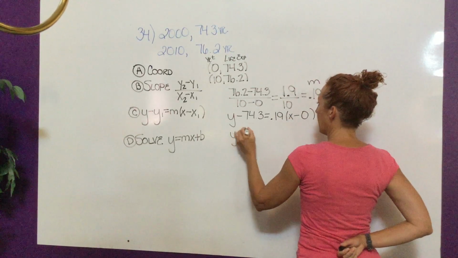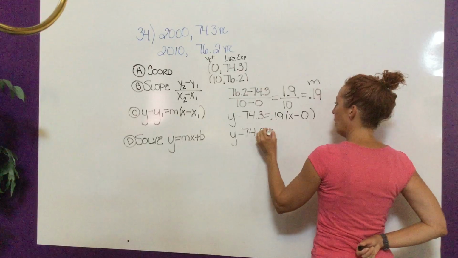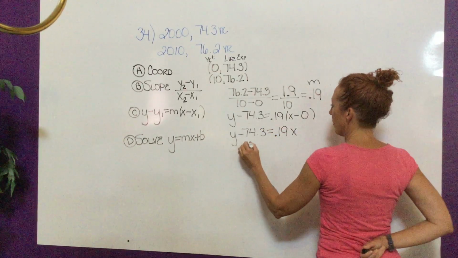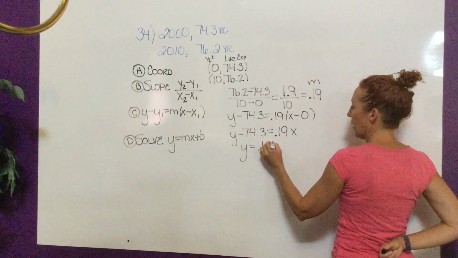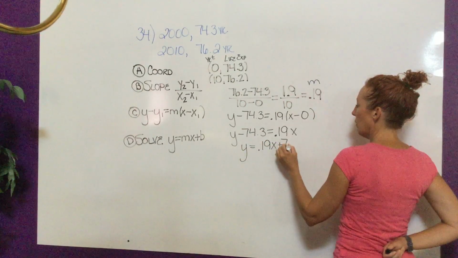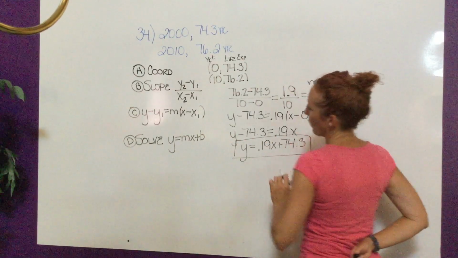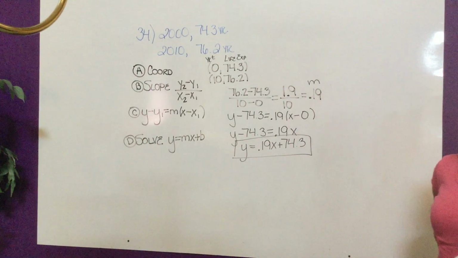And so y minus 74.3 is 0.19x. Jump that to the other side and it will become positive. And there is our equation that models the data.